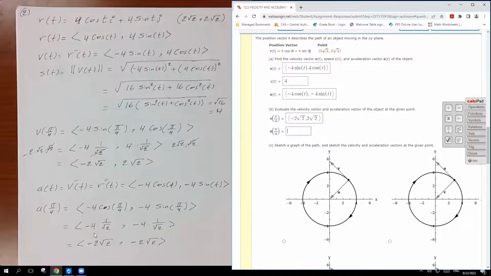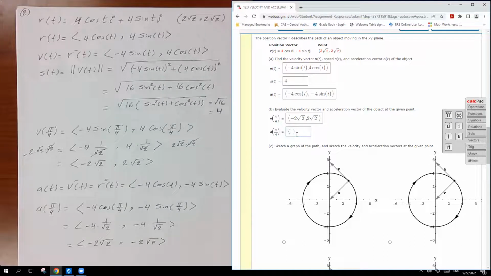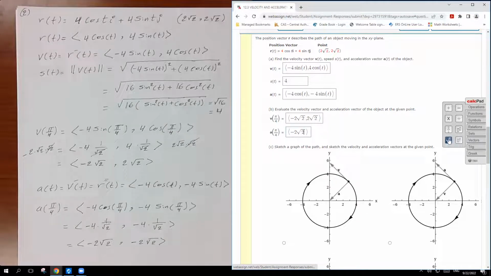And the acceleration is going to be exactly the same one. This one, I can't copy paste. I thought I could. So it's going to be -2 square root of 2, and the other one is negative also, 2 square root of 2.